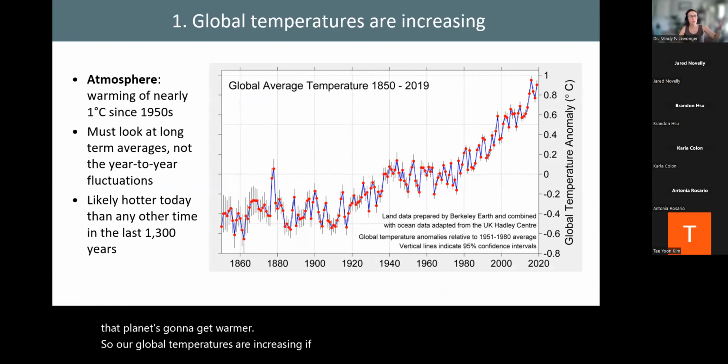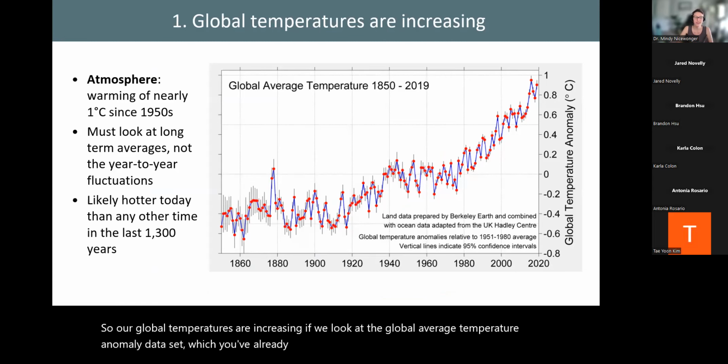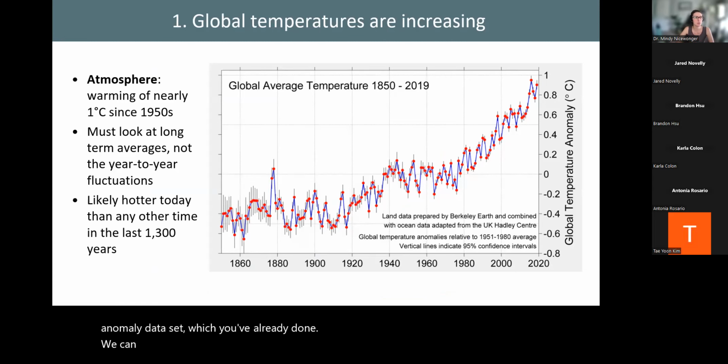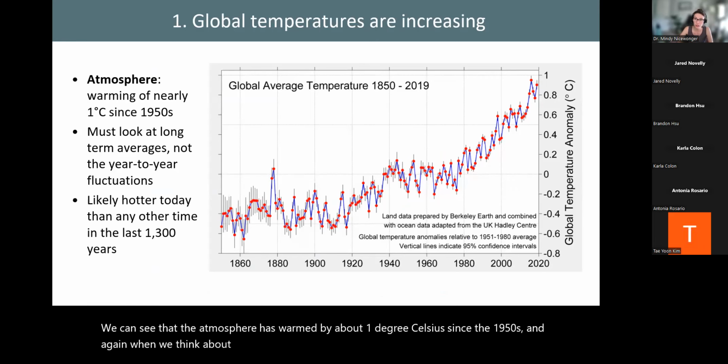If we look at the global average temperature anomaly data set, which you've already done, we can see that the atmosphere has warmed by about 1 degree Celsius since the 1950s. And again, when we think of climate, climate is usually about 30 years.